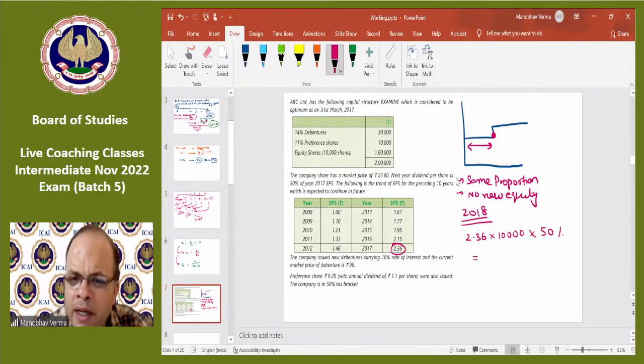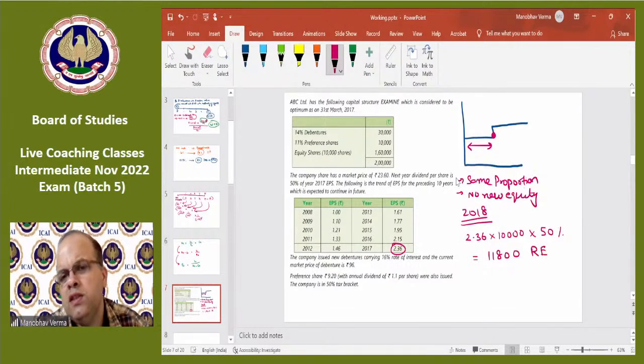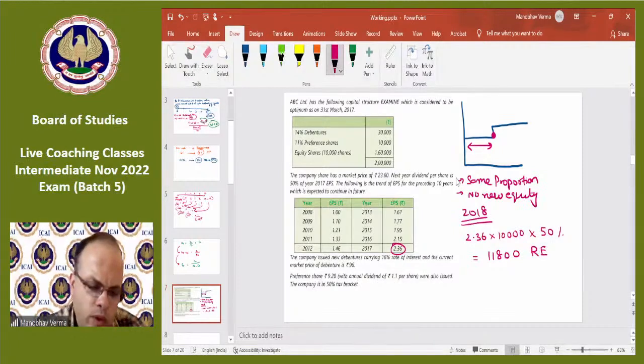Is it coming out to be 11,800? The retained earnings? Is it coming out the same? Can you please double check?